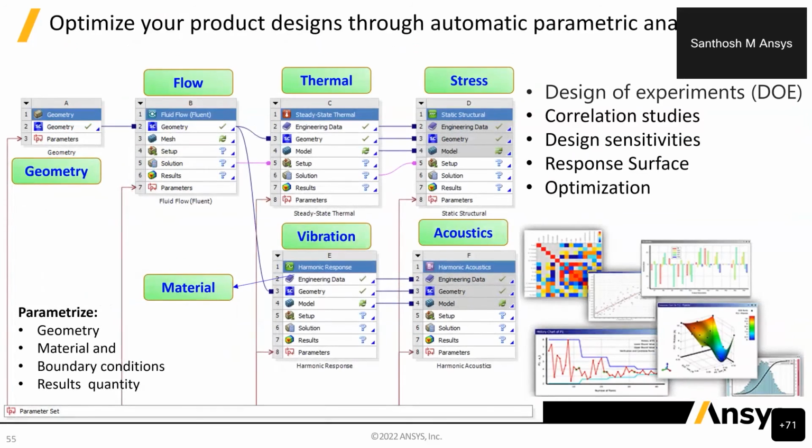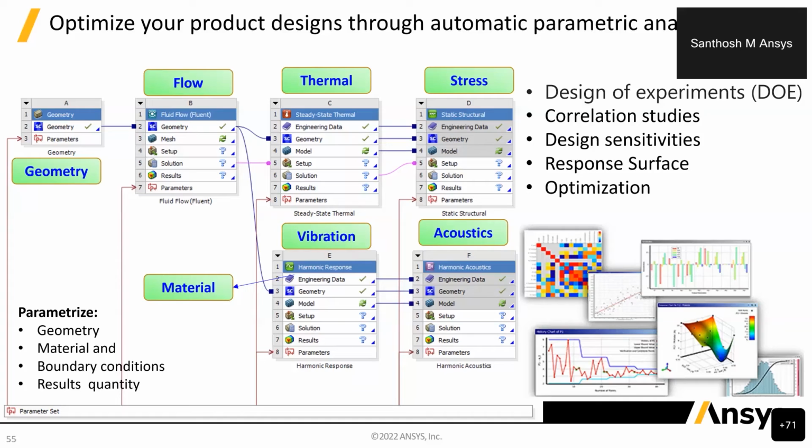Okay, when we are doing this kind of multi-physics acoustic simulation, it is possible to connect all types of analysis required for those multi-physics simulations, starting from geometry, your fluid flow analysis, thermal, stress. So all these analyses are interconnected.